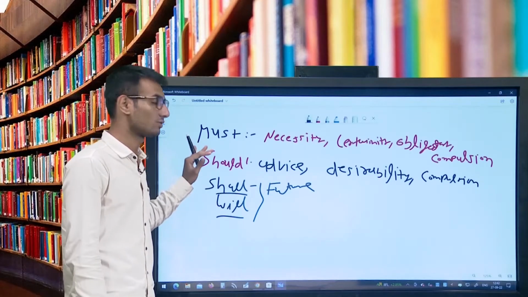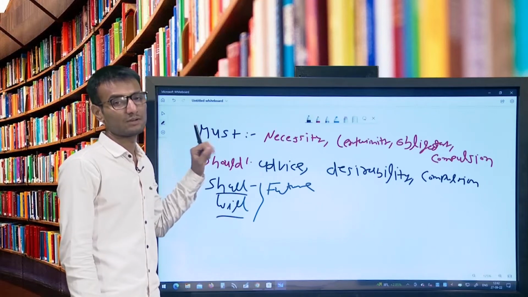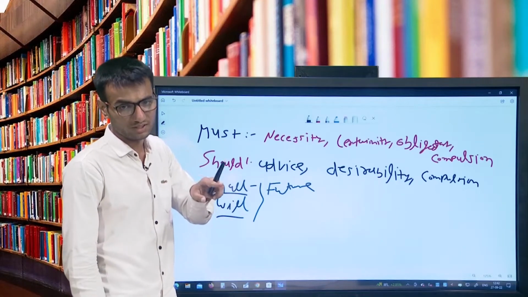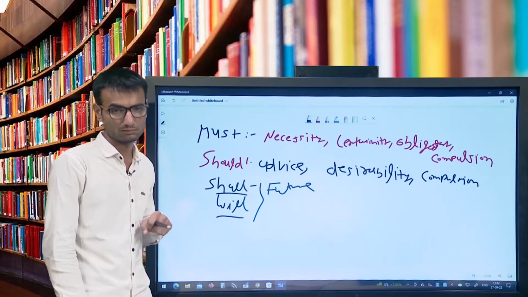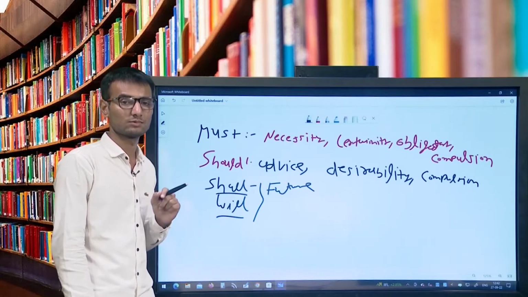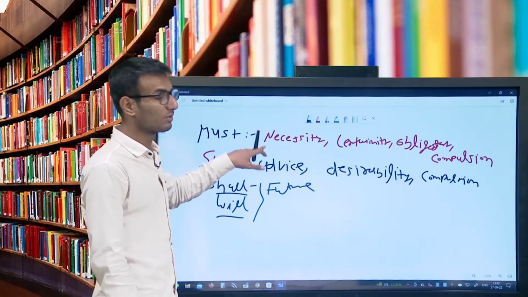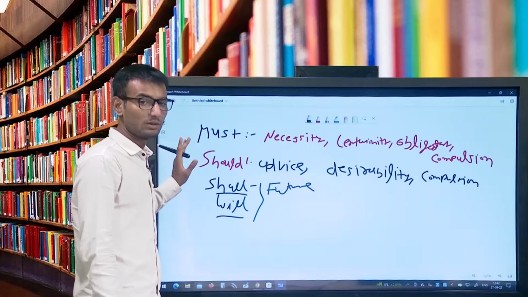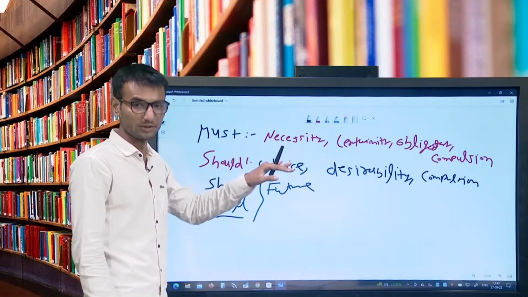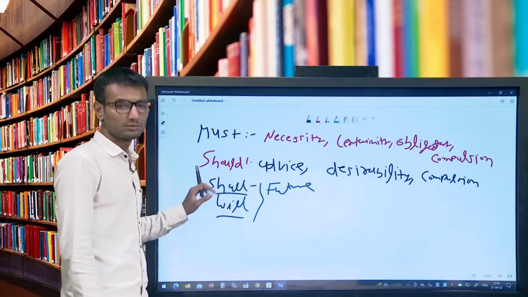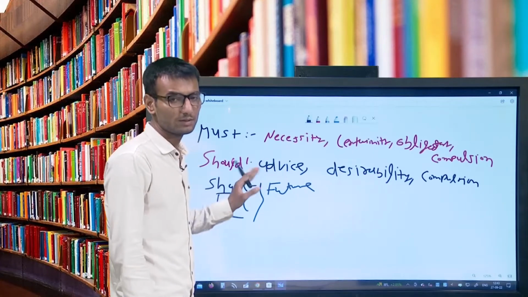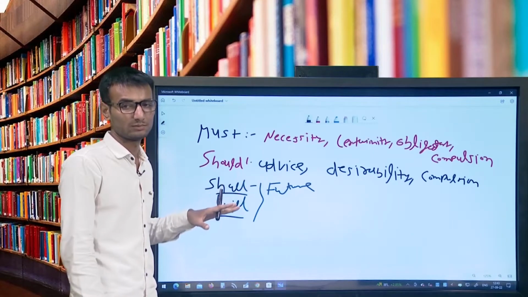So must, when we compel someone, like you must come, means you have to come. So when we say must, we should know that it shows some compulsion. Should, as in you should go, means when we are giving someone advice.